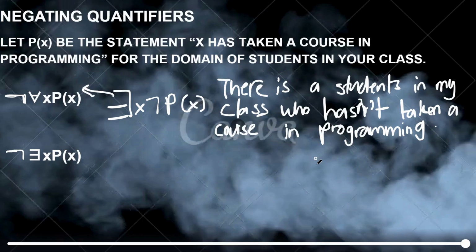This is an example. If you negate the universal, it becomes existential x, not P(x). And the next one, if you negate the existential, it changes to the universal, for all x, not P(x).